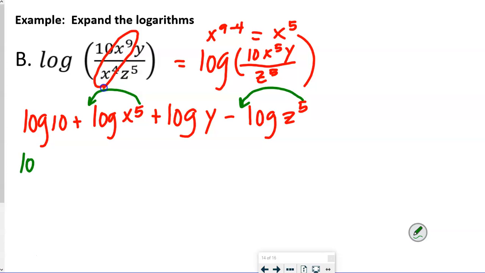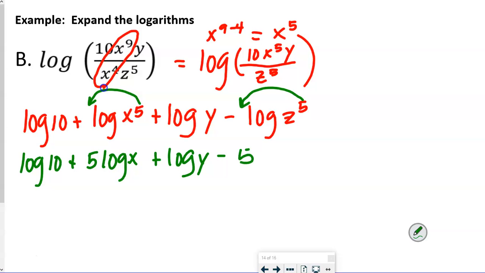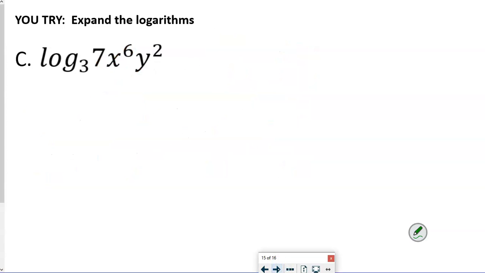This is going to be log 10 plus 5 log x plus log y minus 5 log of z. If any of these were like terms, we could combine them, but none of them are like terms. All right, I'd like you to try this one and then come back to me when you're done.